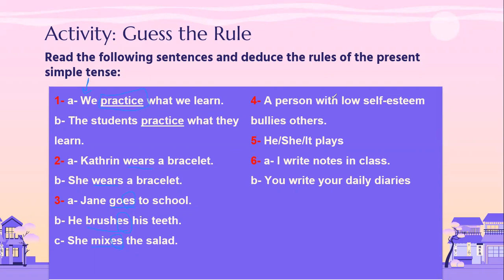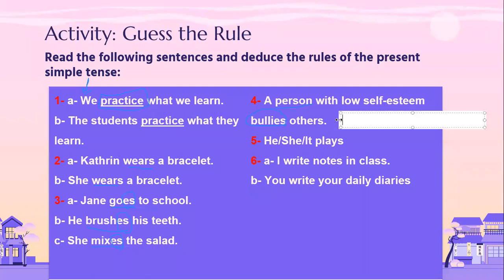Number 4, a person with low self-esteem bullies others. A person, one person with low self-esteem bullies others. Like he bullies, she bullies. So bullies, you can see that we have IES at the end. So what is the origin of this word? It is, let me type it, 1 second.